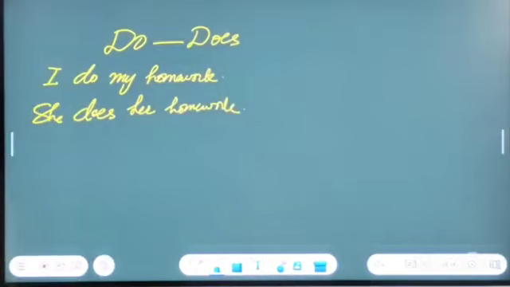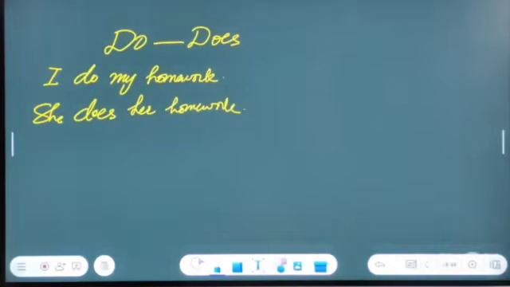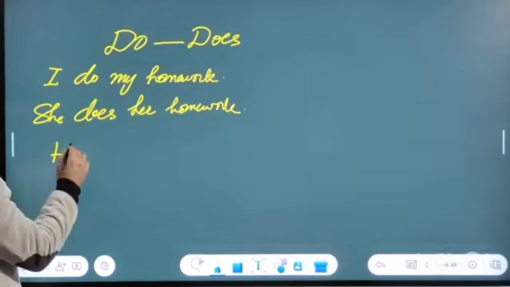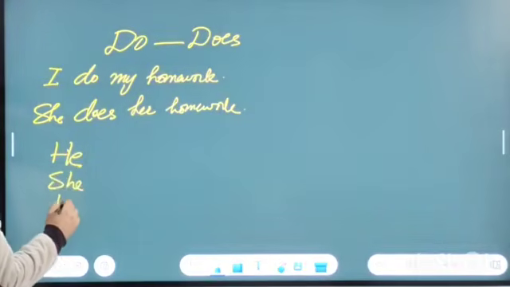How will I remember where I have to use S or not? How will I know that? When the subject is like he, she, it, we add S or ES. Did you understand the question? I'm asking how I will know whether I have to add S or ES with the verb or not. Remember always, this is a very short rule: he, she, it, and singular noun.